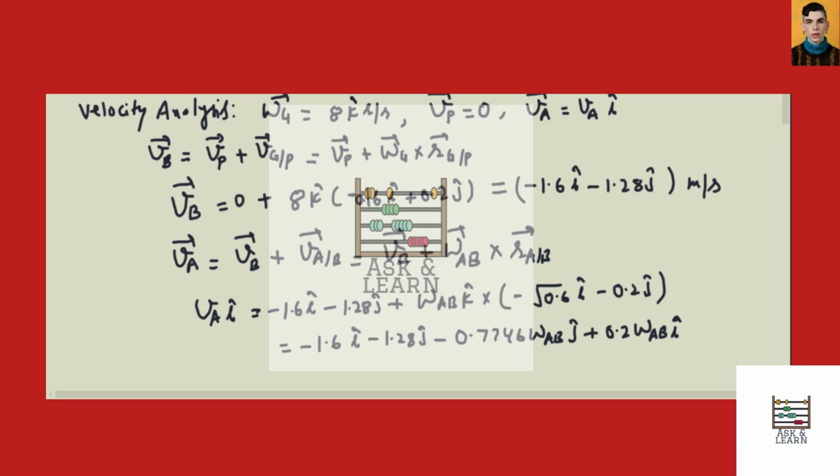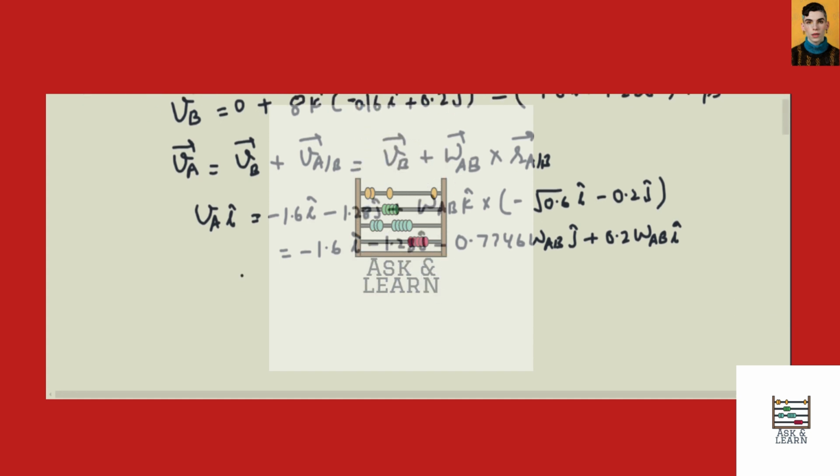Resolving into components along j cap, you may write 0.7746 omega AV to be equal to minus 1.28. So angular velocity you will get minus 1.6525 radian per second.